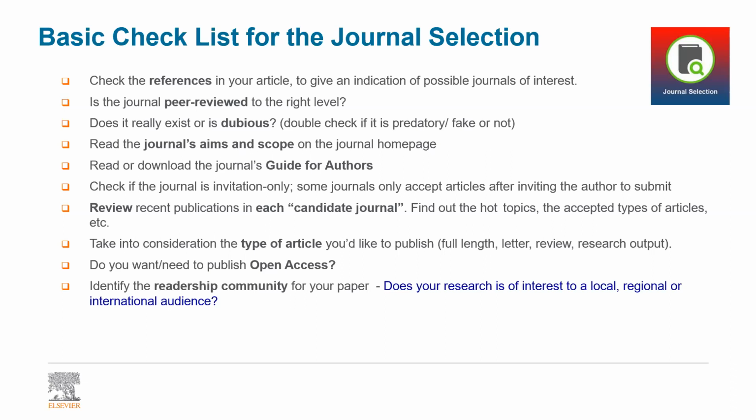Maybe this kind of study is not of interest for the international audience. So based on the information and the audience, I have to target the journal. A journal that has international outcomes, an international point of view, an international perspective, may refuse your article.